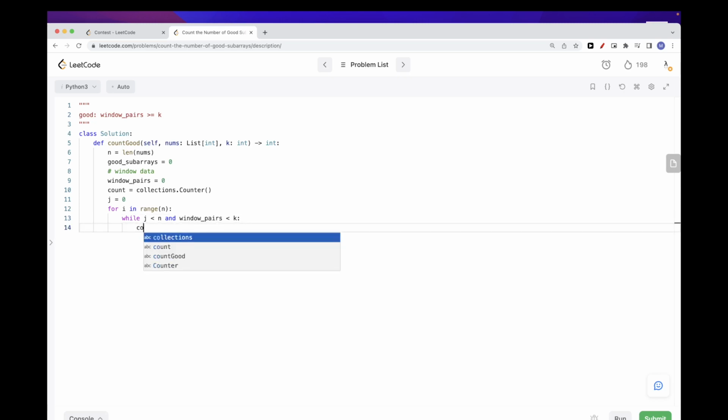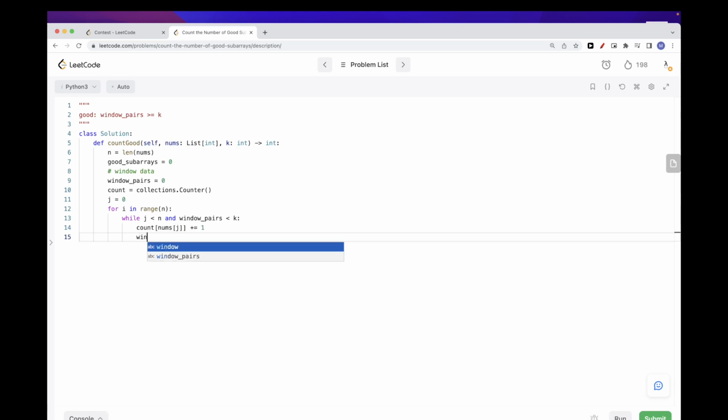And so here, when we have a new number, we want to add it to our window, and window pairs would have a new one if the count minus 1 is bigger than 0, right? So if we have just 1, this would be 0, we won't add anything. If we had 1 already and this is a new value that is the same, then we'd have 2, and this would be 2 minus 1, giving us a pair, because 2 values give us a pair, so it makes sense.